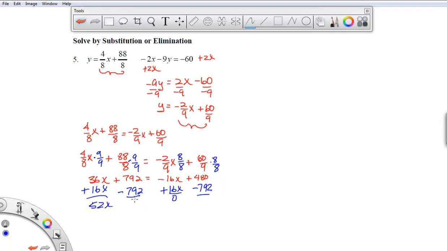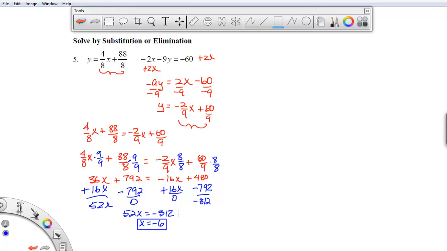That goes to be 0. That goes to be 0. So that will give me negative 312. So now to find my x, I've got 52x equals a negative 312. So that says I divide 52 into each side, and that's going to give me a negative 6. So x equals a negative 6.